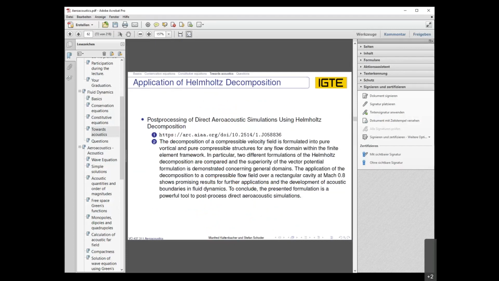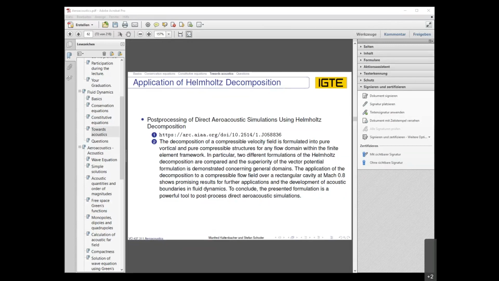The whole stuff towards acoustic is presented here in this publication we did last year. Yeah, there you can just look up some details on that and how it relates.